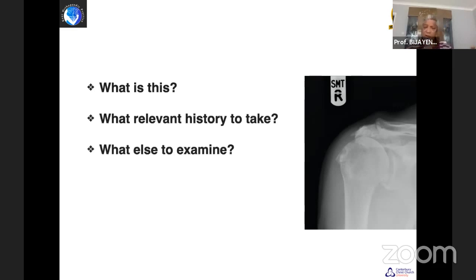What else to examine? If you're in a clinical scenario, a case-based patient, then you'll be asked about the examination. On inspection, you're looking for any scars around the shoulder, be it arthroscopic ones or open scars. The open ones are easier. The arthroscopic ones may be a bit difficult, and hence it's important to check again.